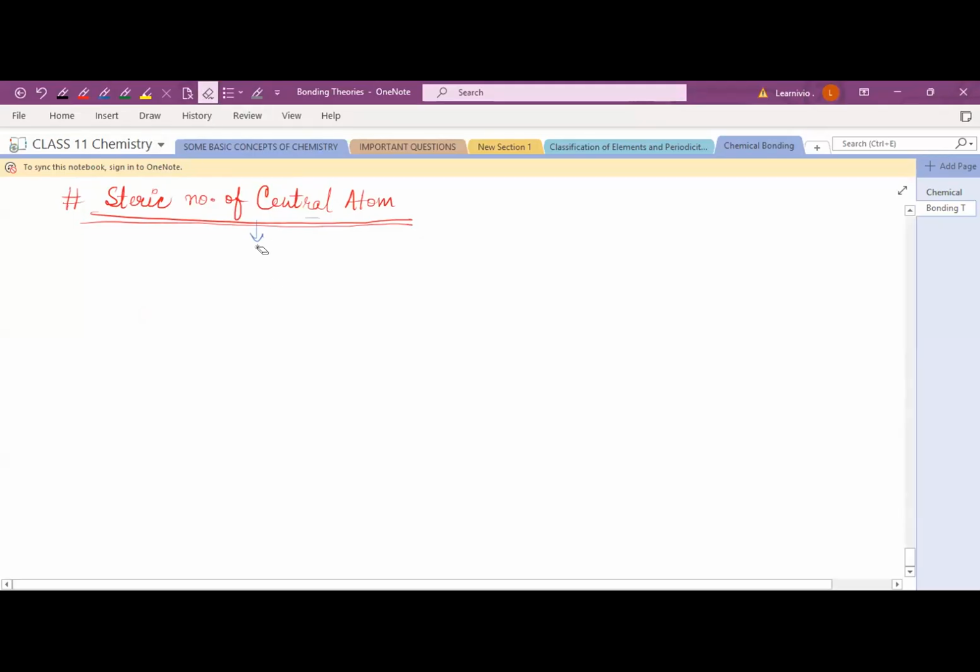Steric number basically, we use it to calculate the steric number of the central atom. Okay, so what is the formula of a steric number? Write down. A steric number is equal to the number of sigma bonds plus the number of lone pairs. Okay, this is the first formula.